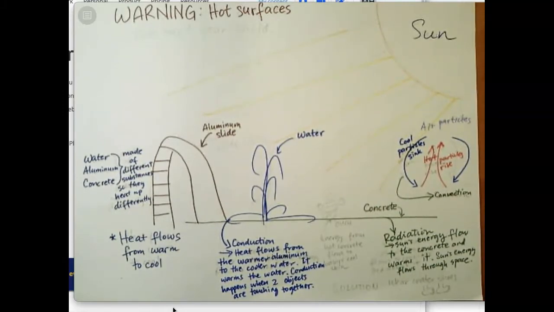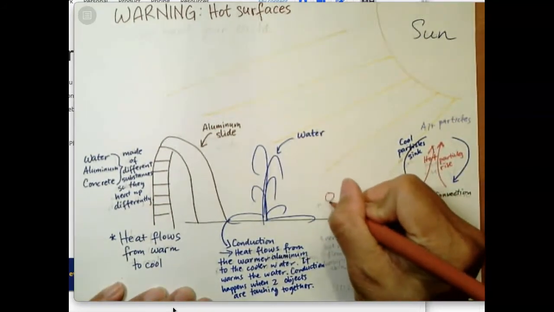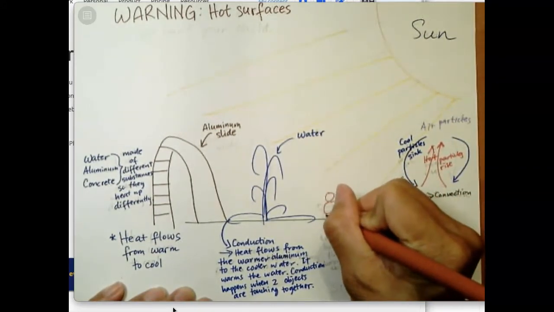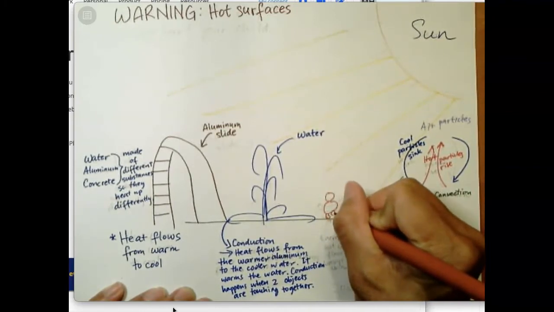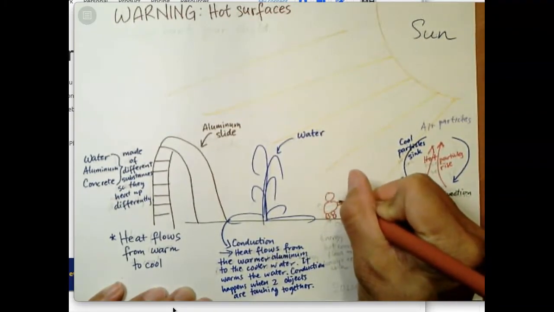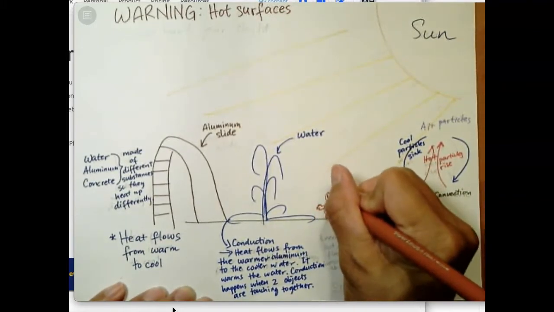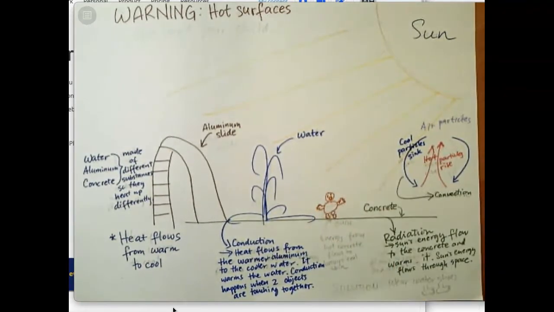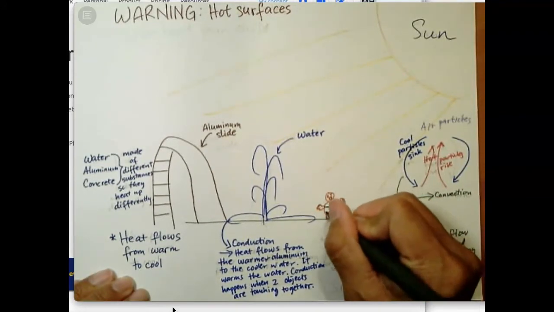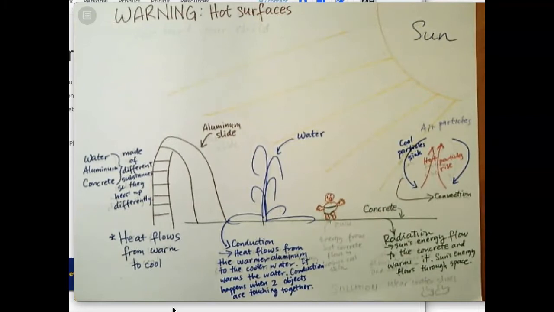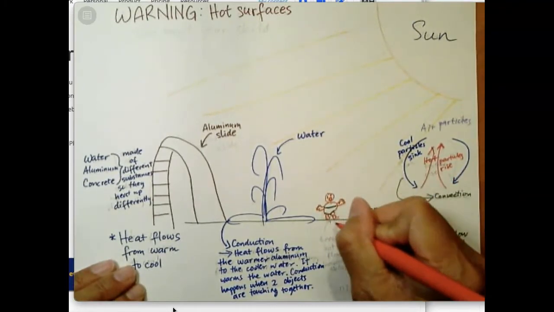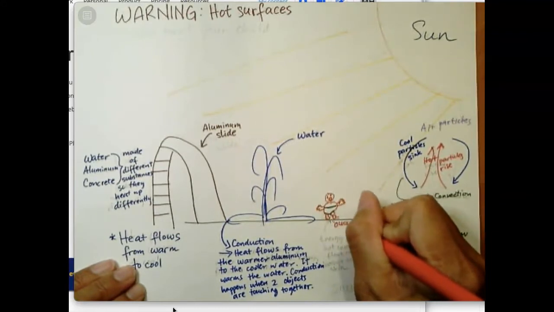So I'm going to draw myself a baby. There's the baby. She's got bare feet. Okay, and she's wearing a diaper. And I'm going to show that her feet are hurting, and we'll go, ouch.